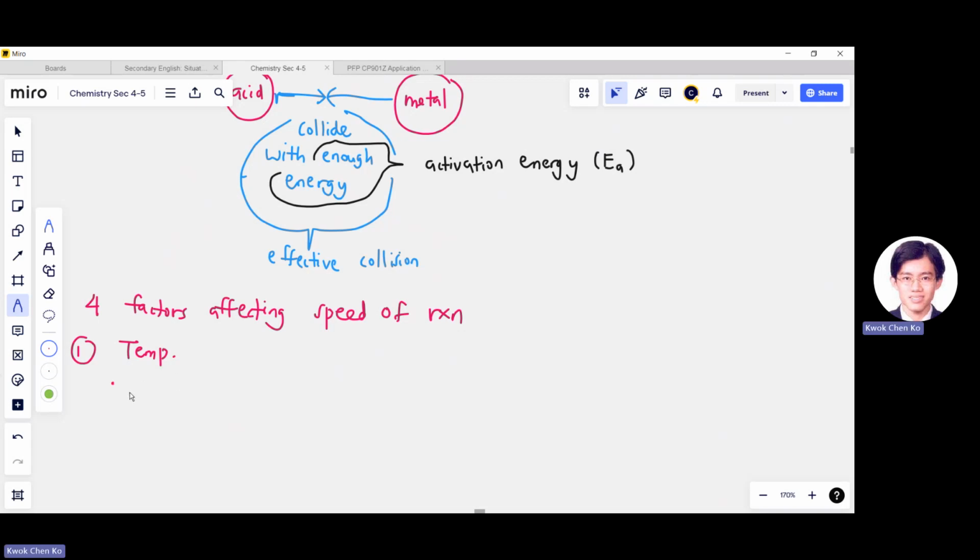First thing first, temperature affects all kinds of reactions, of course including biological reactions. So in general, as temperature increases, speed of reaction increases, for all reactions. Too easy, right?